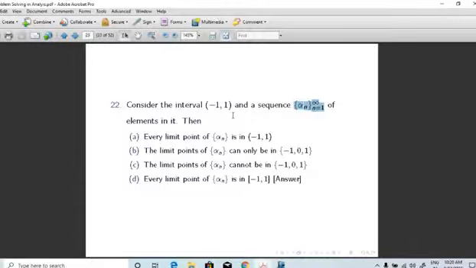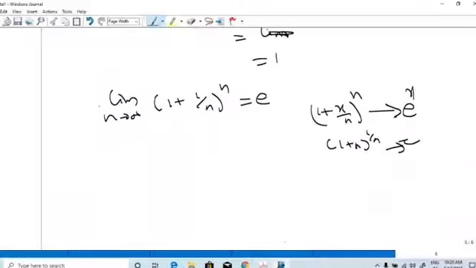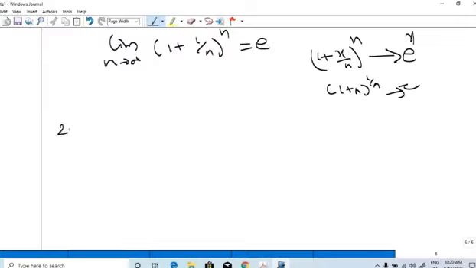Now, if you consider any sequence in the open interval minus 1, 1, what about the limit points of this sequence? The first option says every limit point of the sequence always lies in the interval minus 1, 1. This is not true, because consider a suitable sequence. This is our interval. Now consider 1 minus 1 by n.